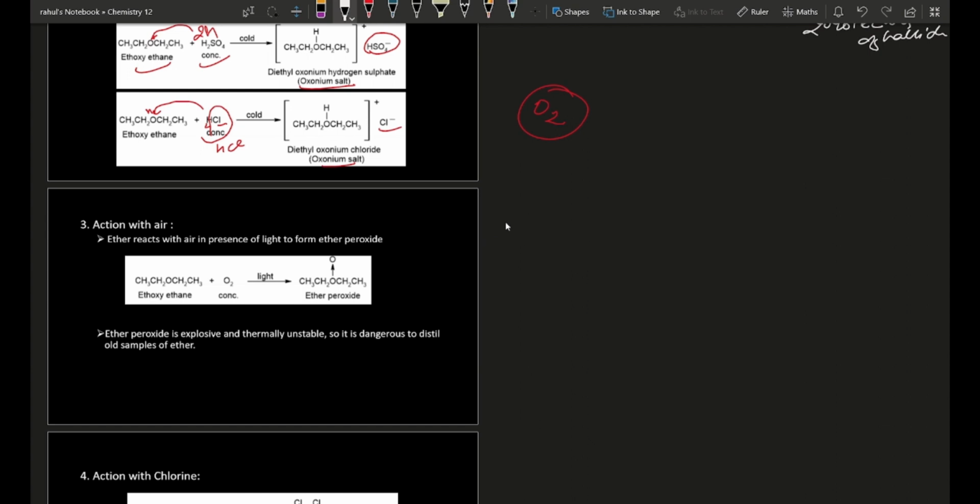So when we react ether, generally in presence of sunlight, with the oxygen O2 of the atmosphere, what it gives is ROR plus O2 in presence of light, it gives ether peroxide, that is ROOR. So this bond formation will happen, so it is called a peroxide.